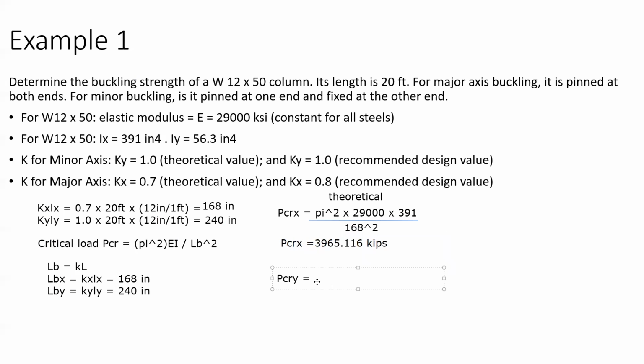And now let's get the theoretical buckling strength along the y-axis naman. So we have now pi squared times E, 29,000, times Iy, that is 56.3, all over the effective length, that is now 240 squared.